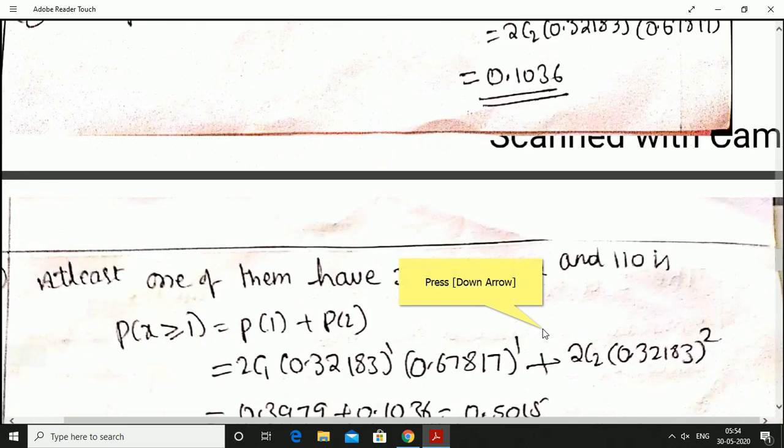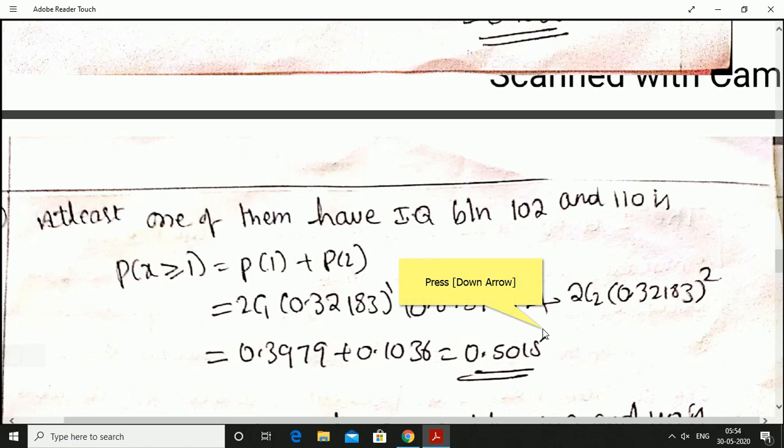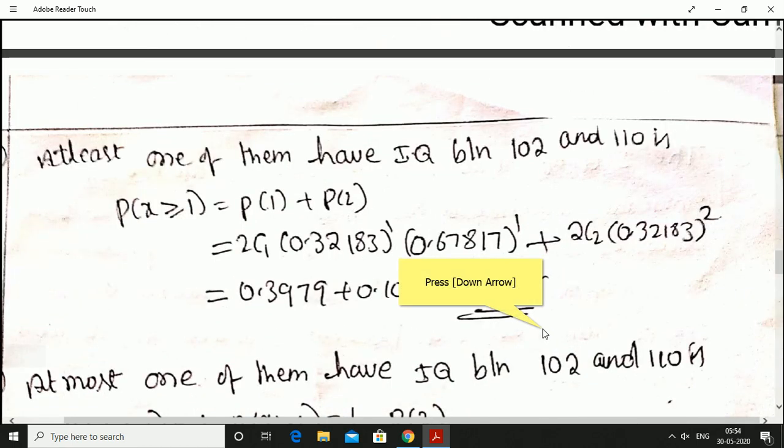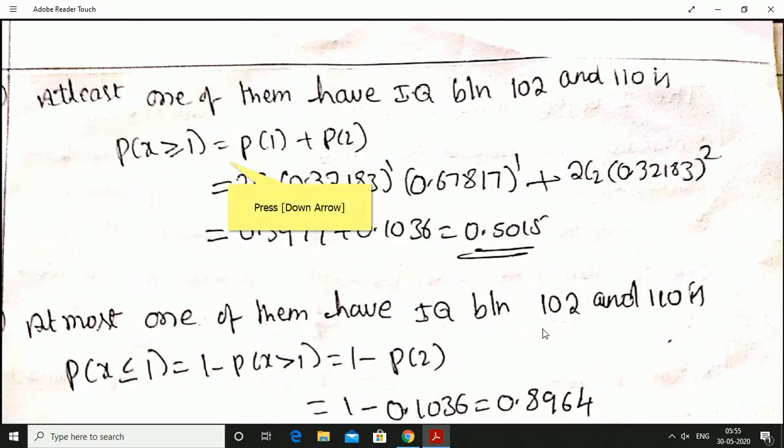Okay, at least one of them has IQ between 102 and 110. At least means minimum 1 or more than that. Probability of x greater than or equal to 1. x takes the values only 0, 1, 2. So x greater than or equal to 1 means P of 1 plus P of 2.